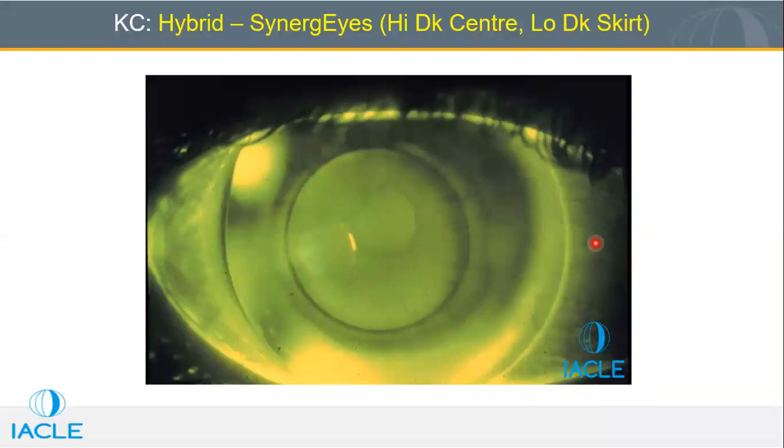But piggyback lenses are two lenses. One is soft, one is RGP, and both could be from any company. Hybrid is two lenses in a single lens.